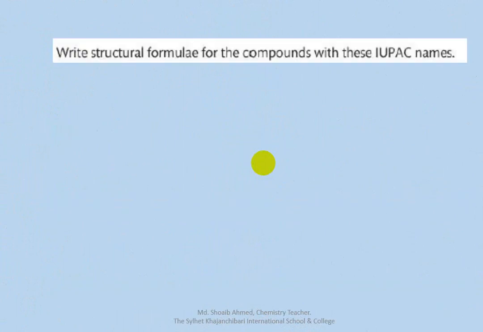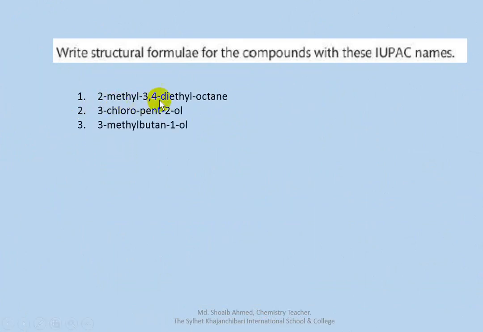Write the structural formula for the compounds with these given names. These are some names given. Write the structural formula. First one is 2-methyl-3,4-diethyloctane. Okay, the parent compound is octane.